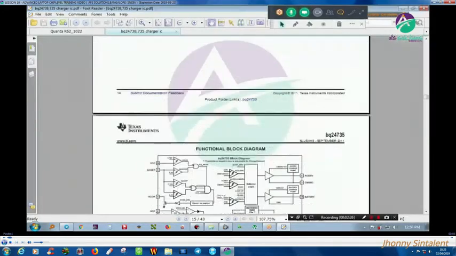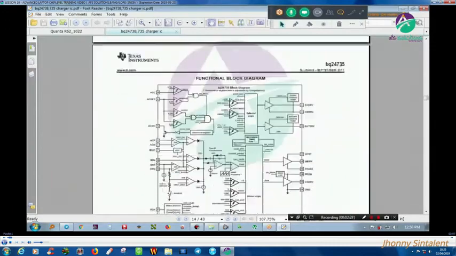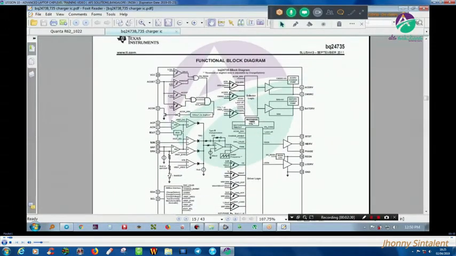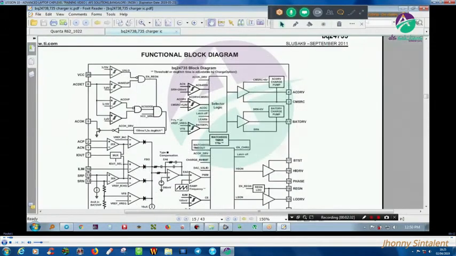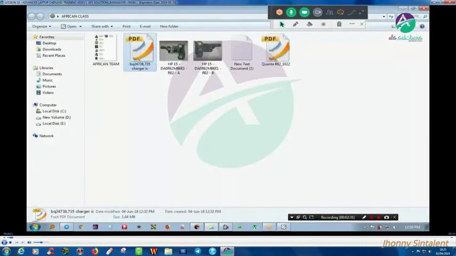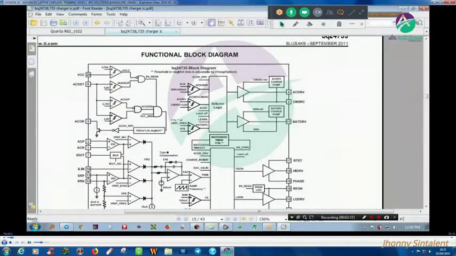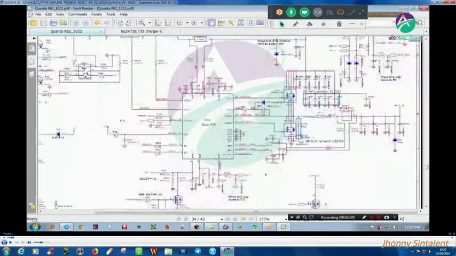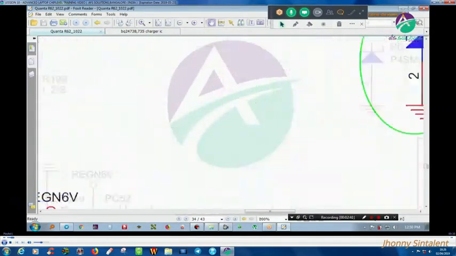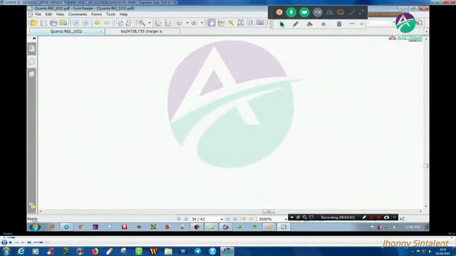Okay, so here let us go for the block diagram of a charging section. Before the charging section, I would like to tell some few things. We have two circuits. In one circuit, the voltage is coming from the adapter.